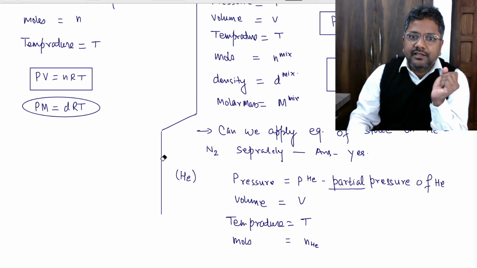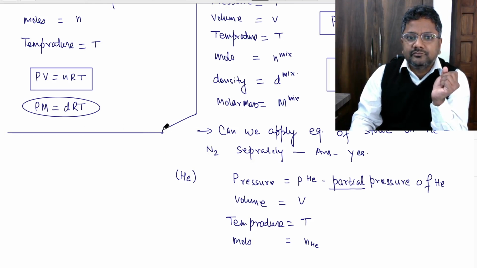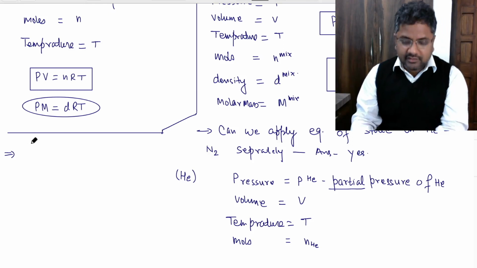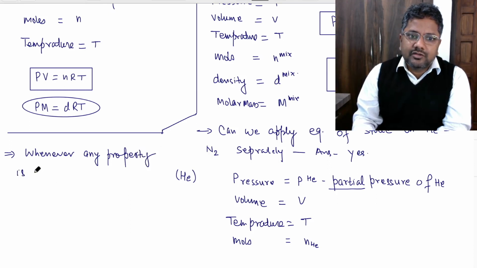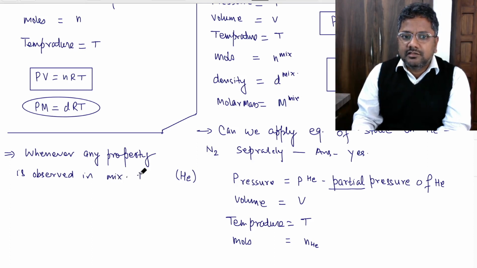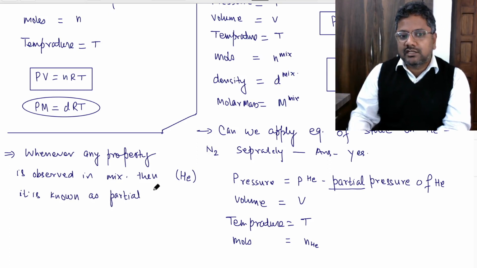Partial property. So whenever any property is observed in a mixture, it is known as a partial property.